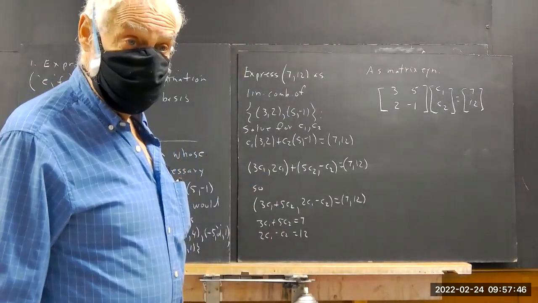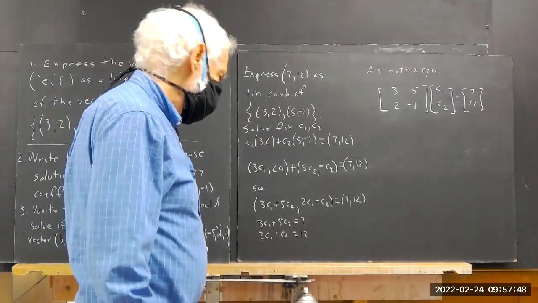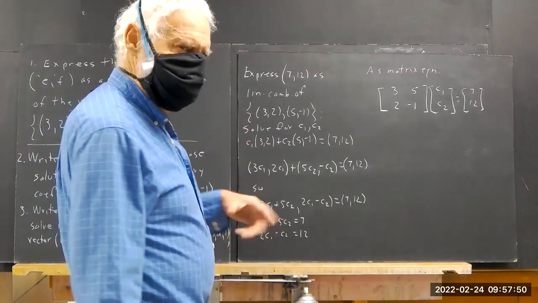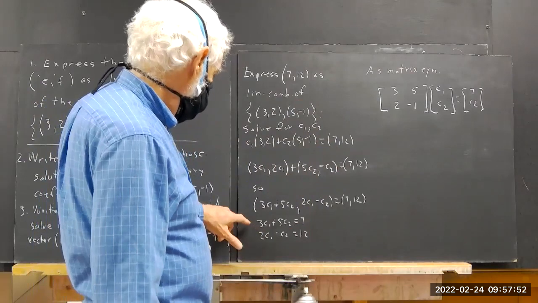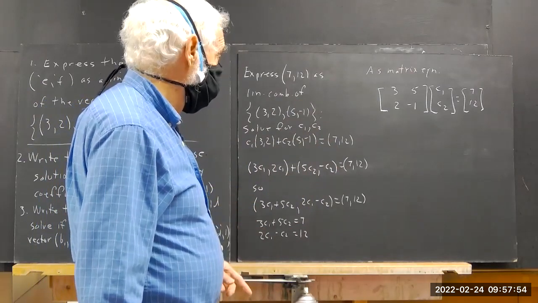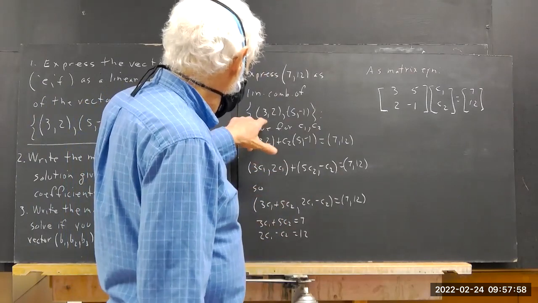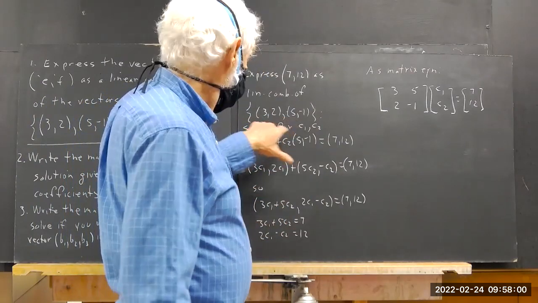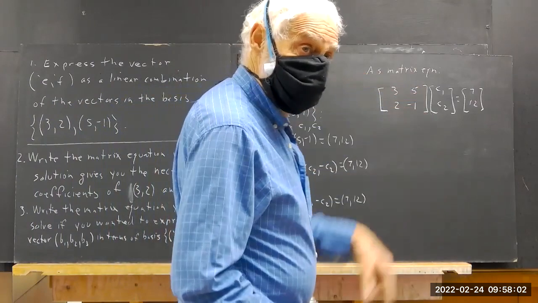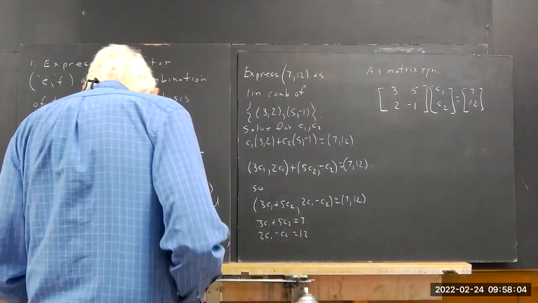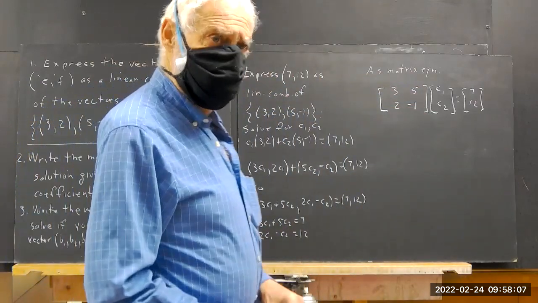I guess I should have written it out. I've got to think about that one. How did I do that? So there it is. And you see that your vectors in your basis become your columns. And we've seen this previously. I always got it right before.